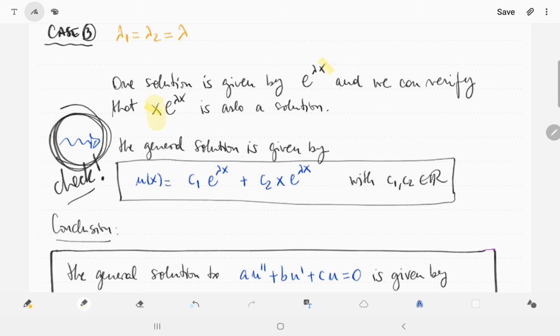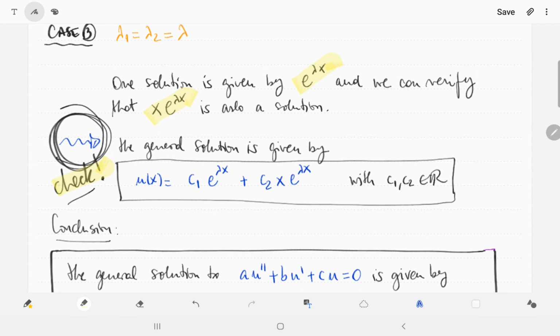So x times this exponential. Someone comes and says, okay, this one is the one that you already know because of the method that you were using, and here you have a second one, and now we have to believe that, and we can check that it is a solution.